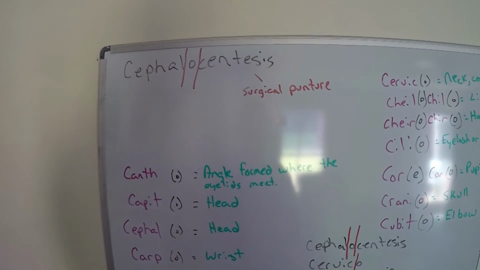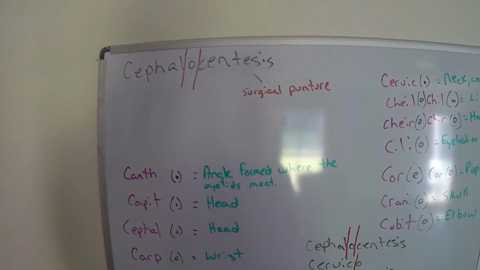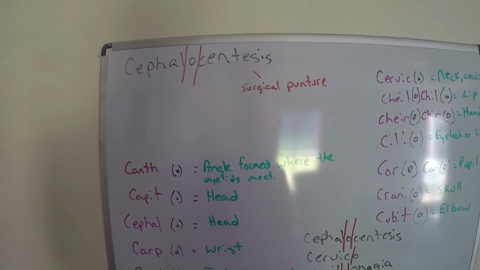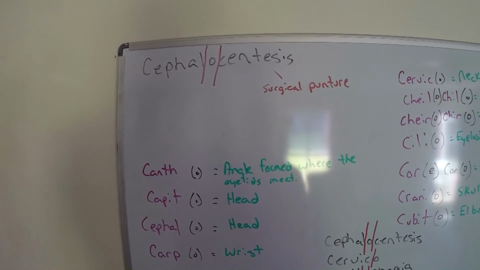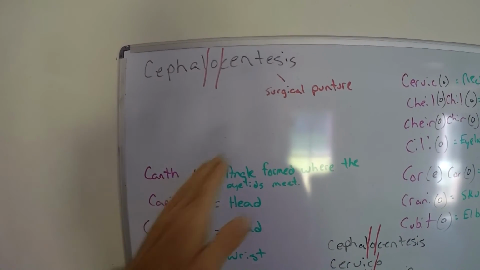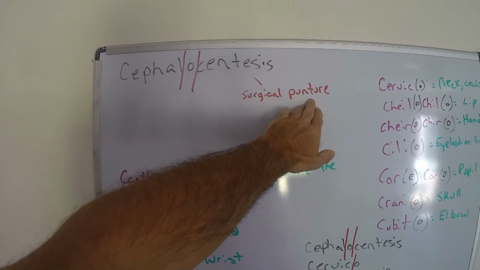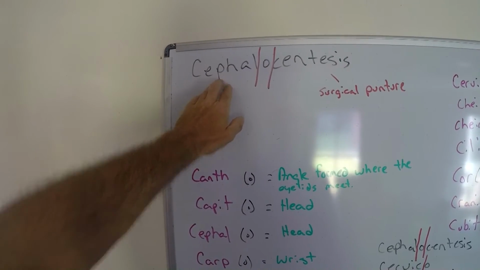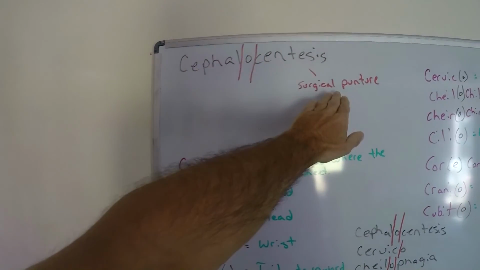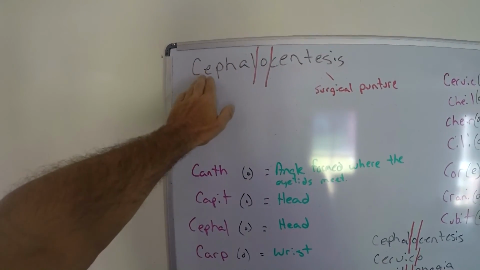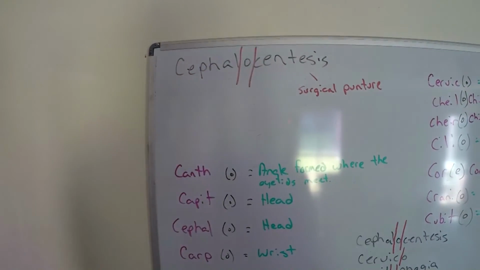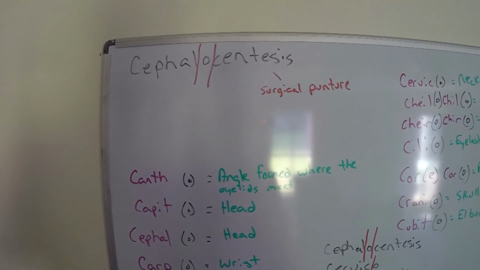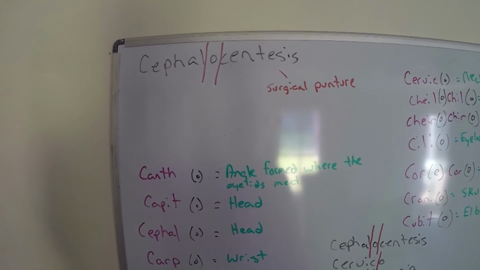Now we're going to learn the suffixes in later videos, okay? So keep watching. Right now we don't know what it means, perhaps, so maybe you do. It means the surgical puncture of, and then we've learned this word already, the head. The surgical puncture of the head. Cephalocentesis. Okay? Now let's go to the next word here.